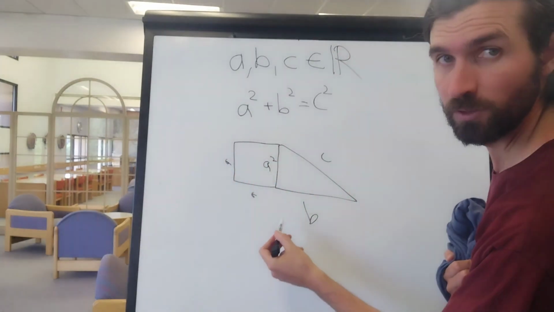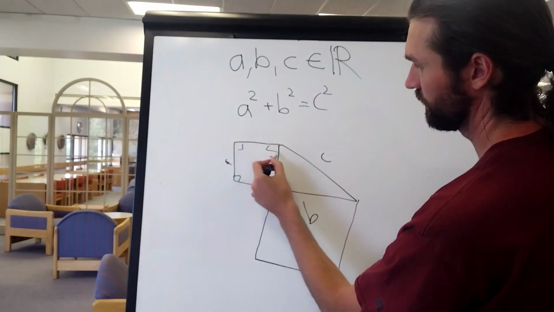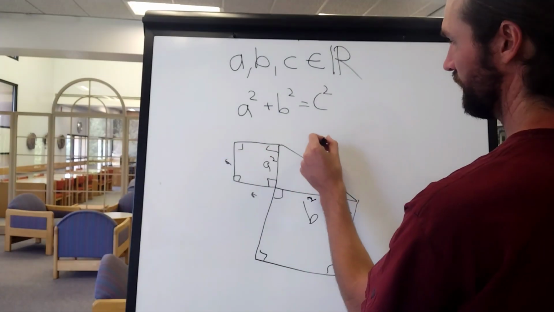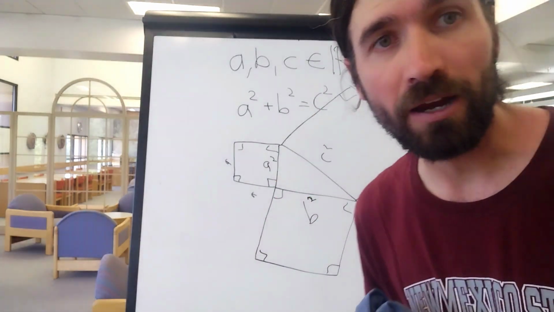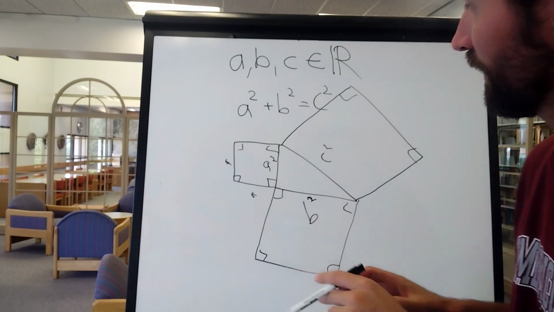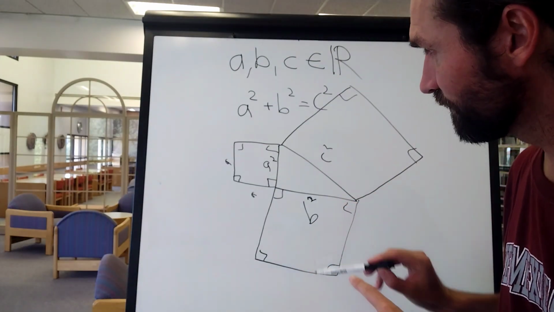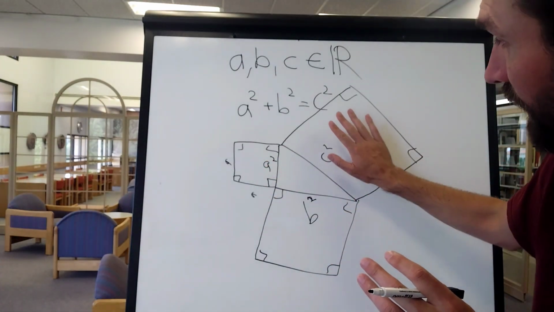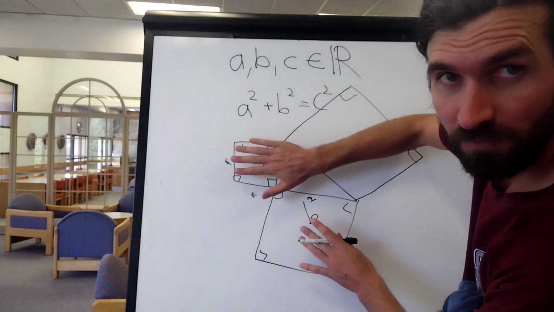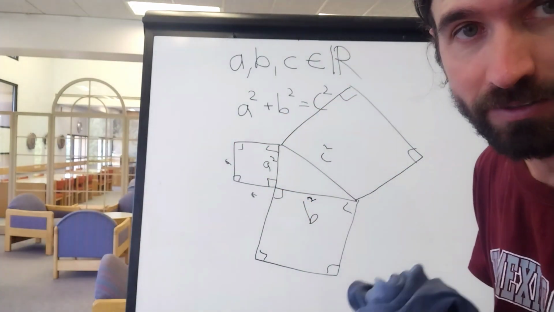Down here, b can be squared like this. B squared, and then c squared. Okay. And what the Pythagorean theorem is saying, that if you add a squared plus b squared, these big shapes, it equals exactly this big shape. So you can fit these two squares into this square.